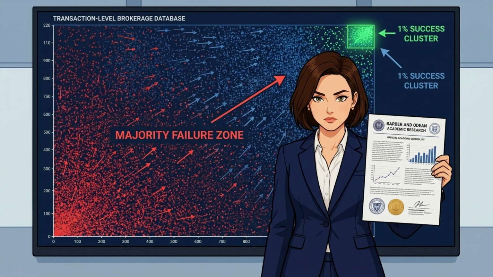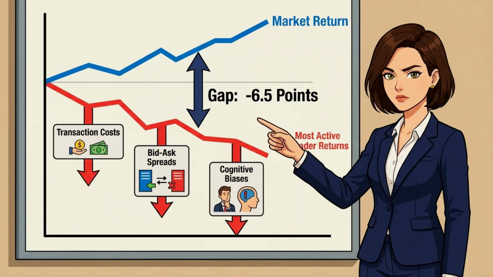Academic research by Brad Barber and Terrence Odean analyzing complete transaction-level brokerage data demonstrates that less than 1% of active retail investors reliably generate positive returns above the market after transaction costs. The most active traders underperform the market by an average of 6.5 percentage points annually due to behavioral biases, bid-ask spreads, and emotional decision-making.